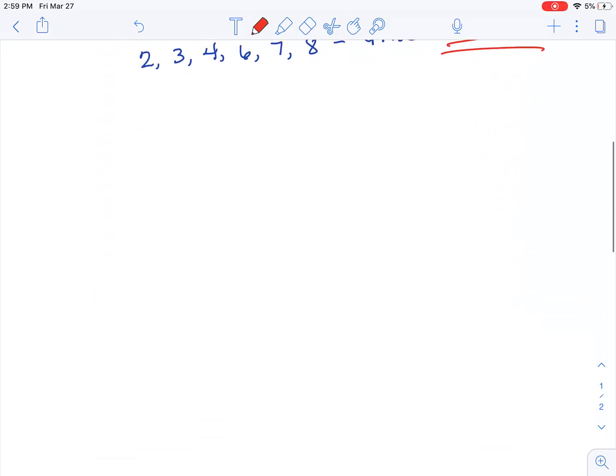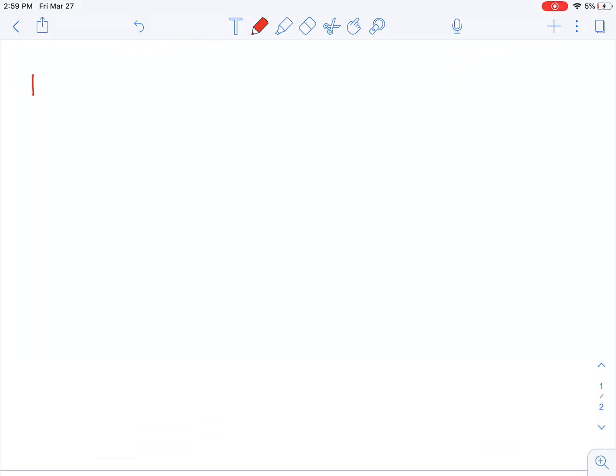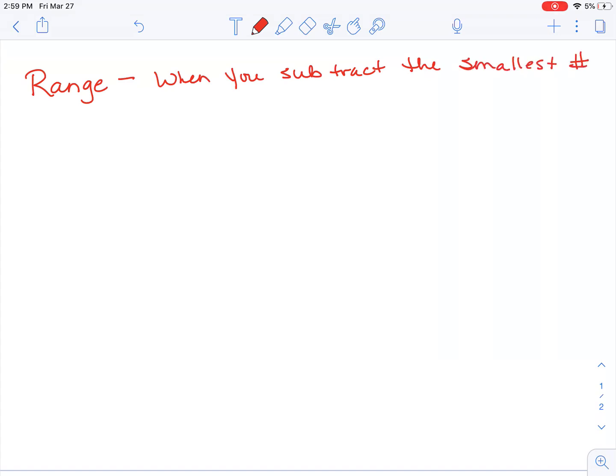Okay, so let's talk about range. Range is when you subtract the smallest number from the largest number.